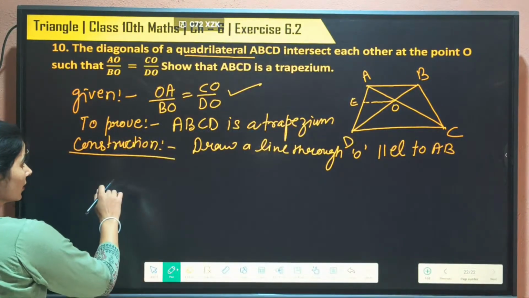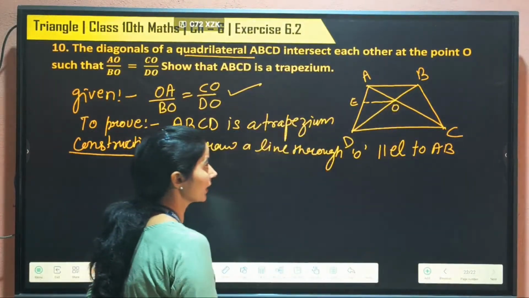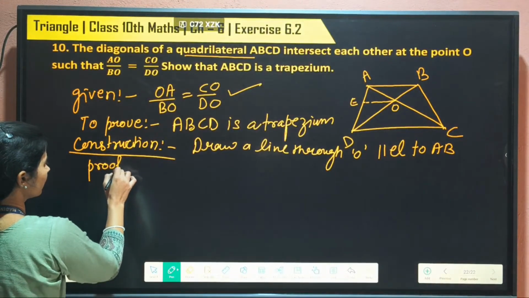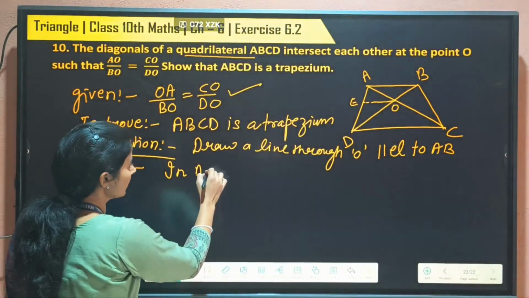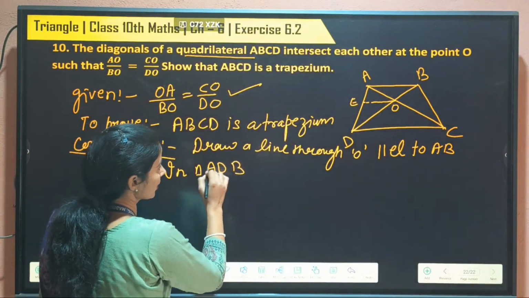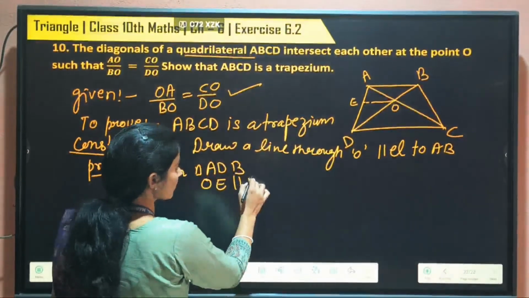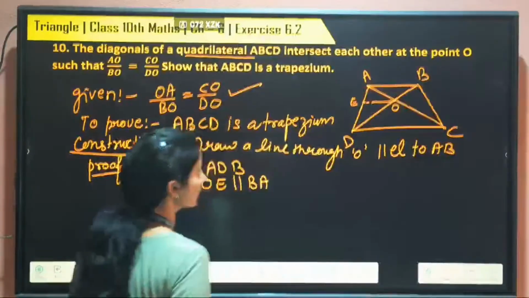Now see, if this line is parallel to AB, then in triangle ADB, OE is parallel to BA.